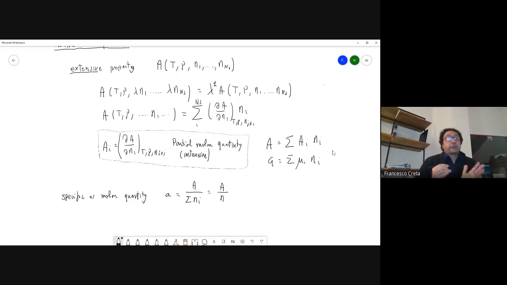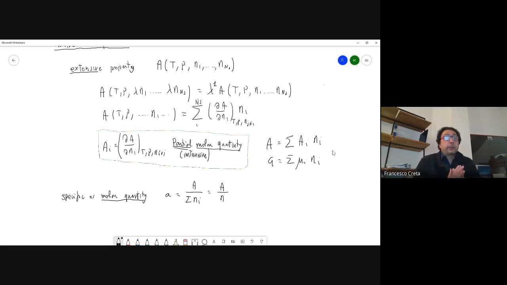Now, what's the difference here between a specific, or in this case, molar quantity and a partial molar quantity? Here you only have this molar quantity, but here you have this partial word in addition. So what is the difference between the two? Well, the difference is in the fact that we're dealing with multi-species systems.